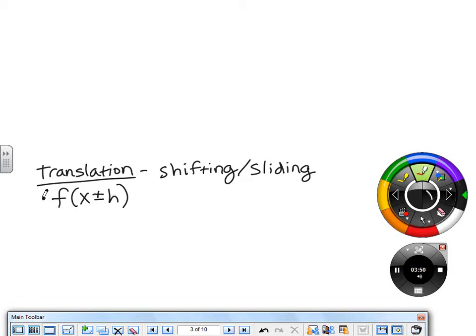So if it's a square function, x plus 3 will happen all inside of the square. If it's an absolute value function, x plus 3 is all going to happen inside the absolute value bars. If it's a square root, x plus 3 is all underneath the square root, okay? Whatever type of function you're working with, this plus h or minus h value is with x inside of that function, okay? So this type is going to shift left and right just like we saw with the absolute value.